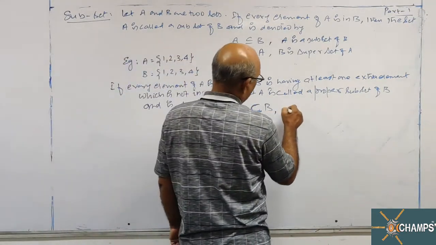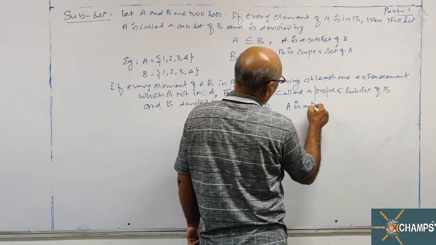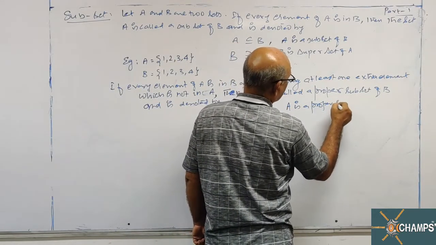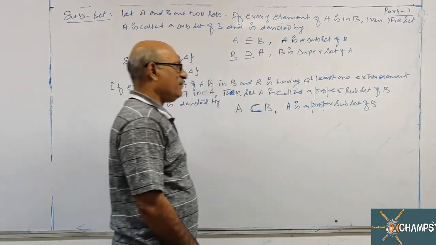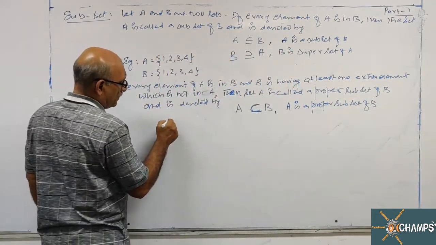How to read this? A is a proper subset of B. Let us see an example.